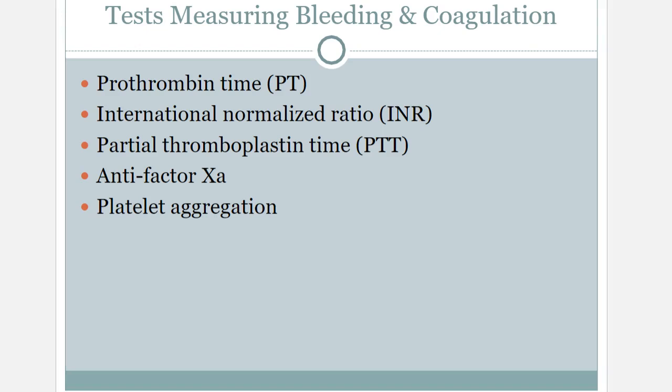If you go back to that chart that had the actual breakdown of intrinsic and extrinsic factors in regards to the clotting process or hemostasis, we did see factor Xa. They look for the anti-factor Xa with patients being on things like Xarelto or apixaban or even Lovenox. And then there are studies that show platelet aggregation.